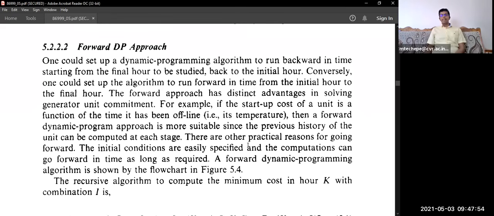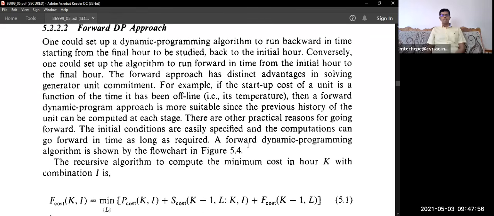There are other practical reasons for going forward. The initial conditions are easily specified, and the computations can go forward in time as long as required.